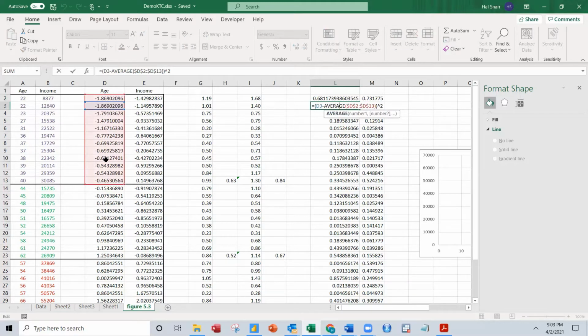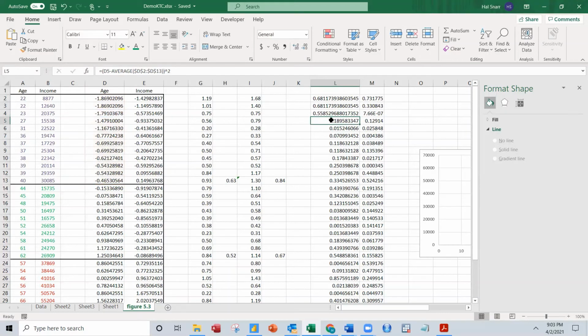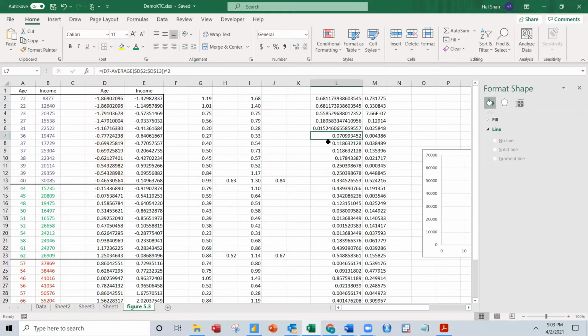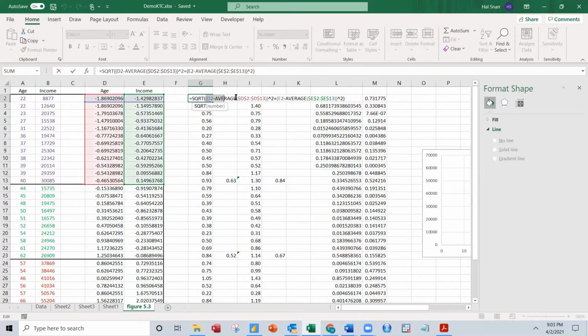That deviation from its mean squared. You see that? So there's 3 groups here. All these things are the first part of the Euclidean difference right here. See that? It's just that part right there, right?